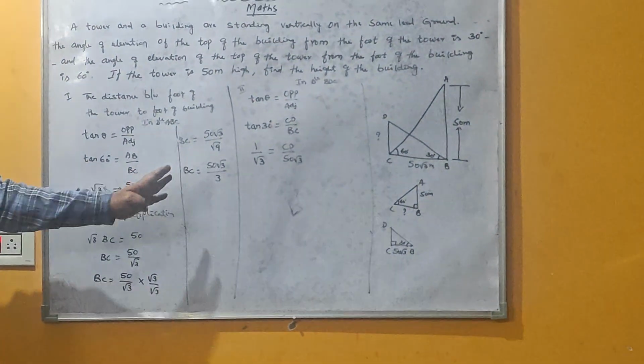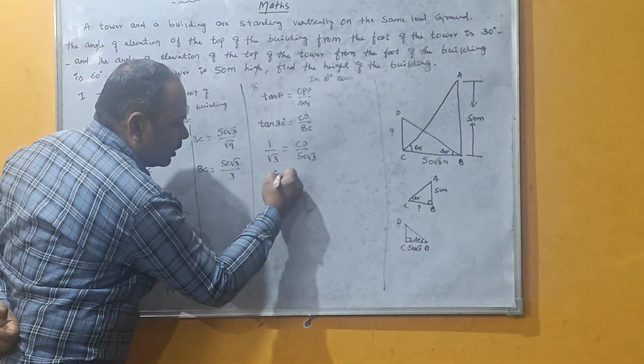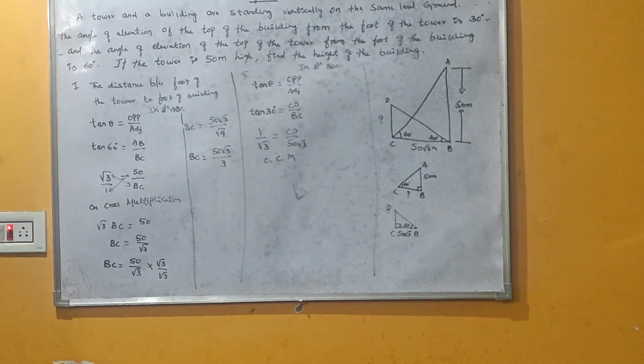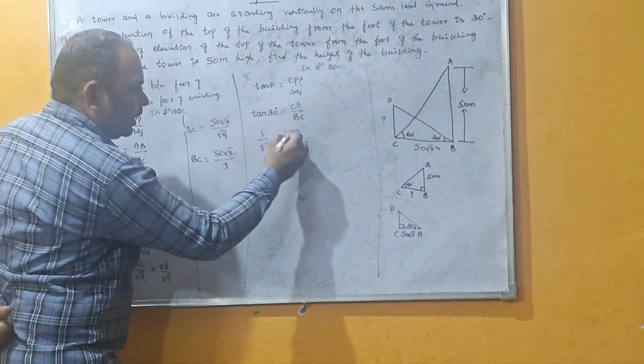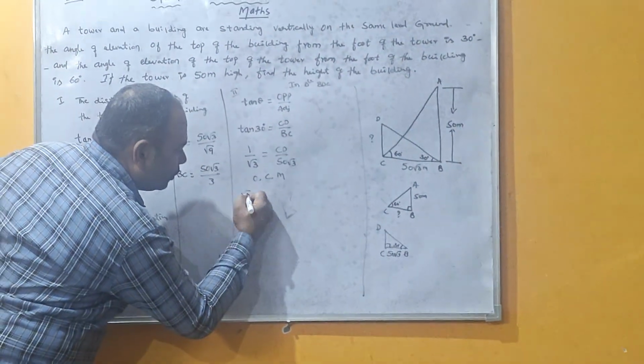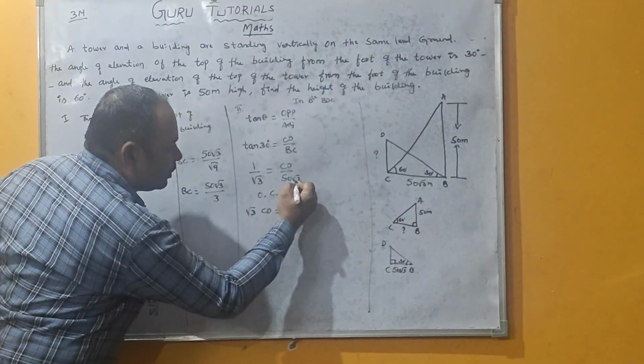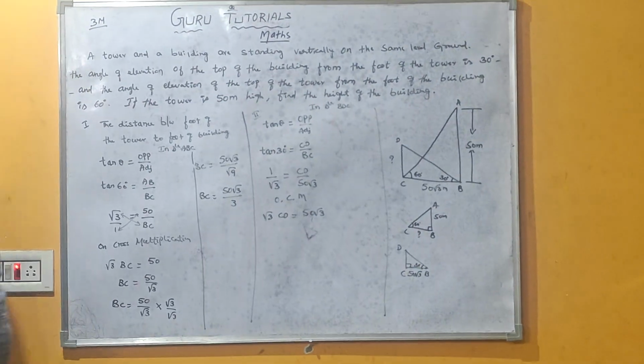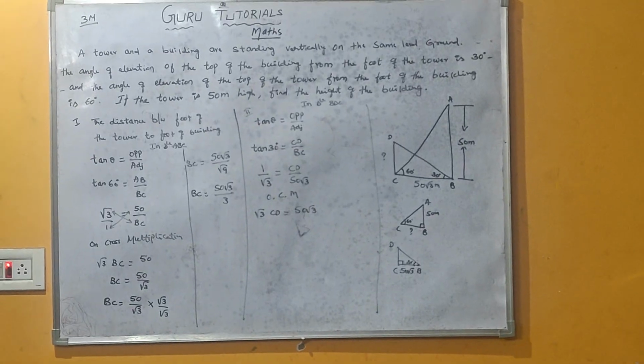Are you okay with this? Now cross multiplication. CD into root 3 is equal to 50 root 3. I need the value of CD.